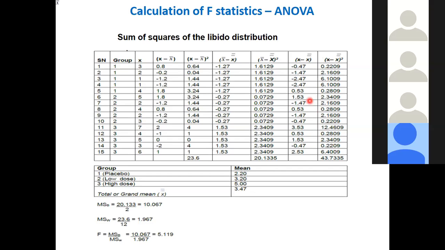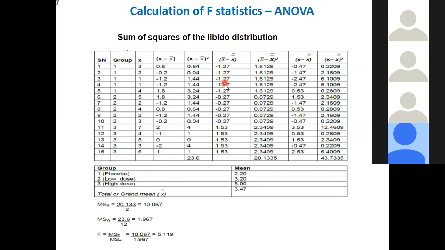This total sum of squares is additive: when you add the sum of squares within and the sum of squares between, they add up to the total sum of squares. Let's look at the sum of squares between the groups, which is the two middle columns. You remove the grand mean from the group mean.